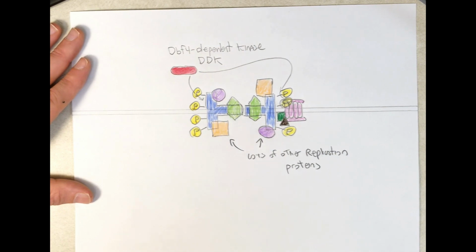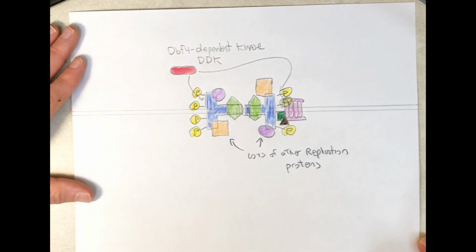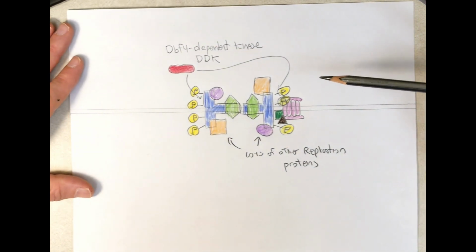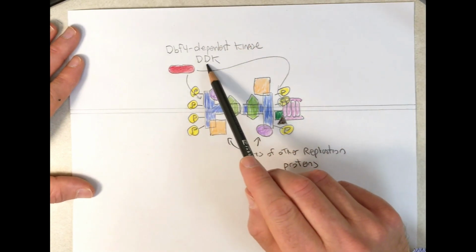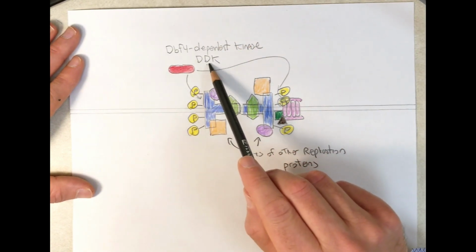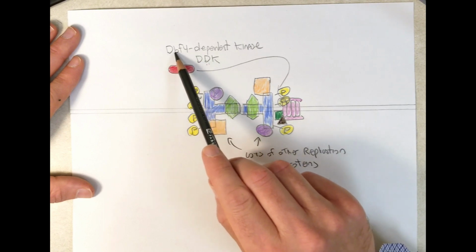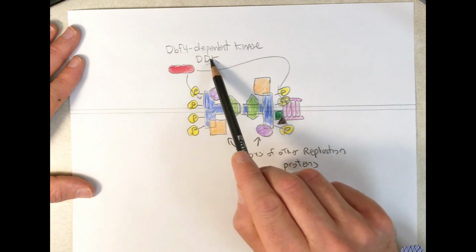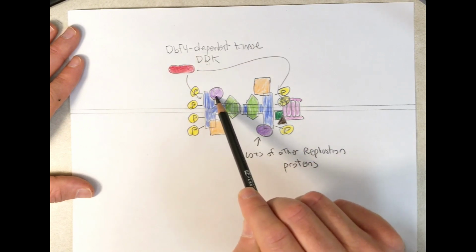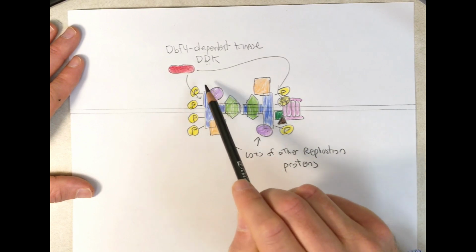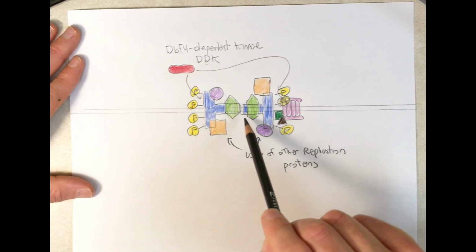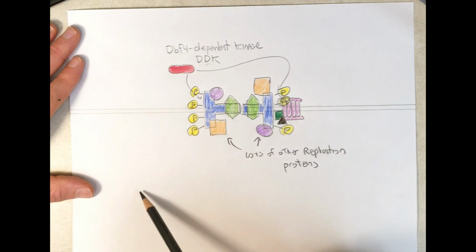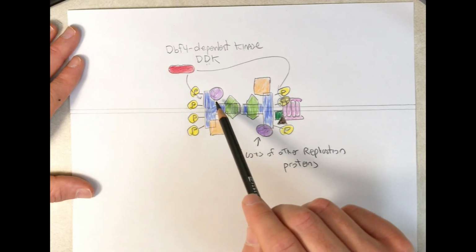And the final thing we're going to look at when it comes to initiation of DNA replication is, in the previous page we said DDK, or the DBF4-dependent kinase, was important for loading CDC45. Now it's also important for phosphorylating a number of different proteins within the CMG helicase complex.